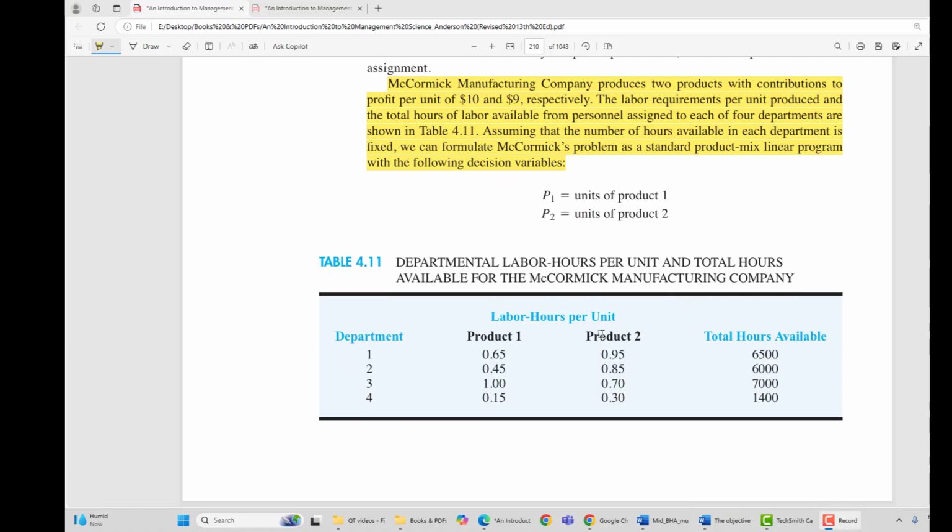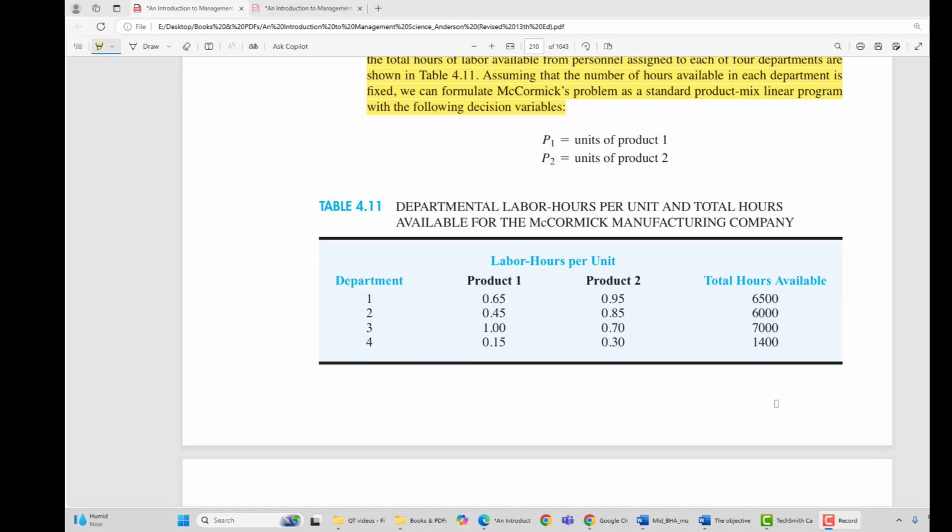Let P2 be the units of product 2 in the optimum product mix. Now from the information of the number of hours required per unit and the total hours available in each department, for example, department 1 has 6,500 hours available, department 2 has 6,000 hours available, and so on, we can formulate the constraints.